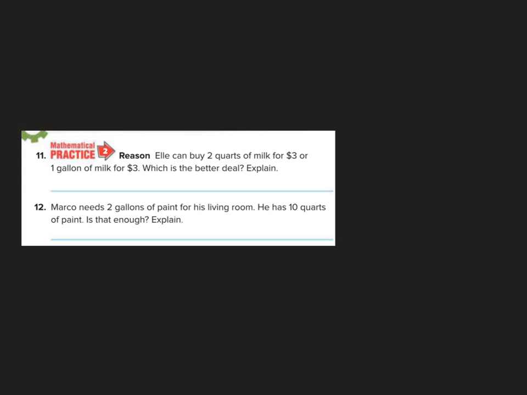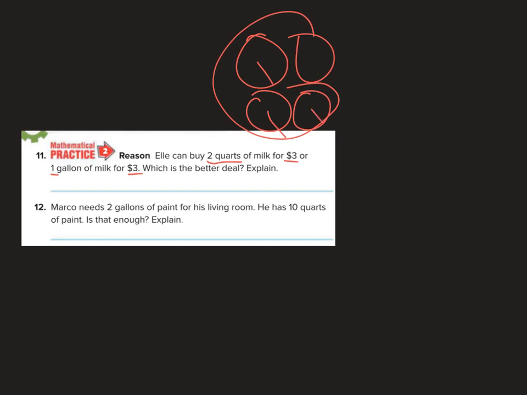Okay, Elle can buy 2 quarts of milk for $3. Or she can buy 1 gallon of milk for $3. What is the better deal? So let's get them to common units, either both quarts or both gallons. We know in 1 gallon there are 4 quarts, right?